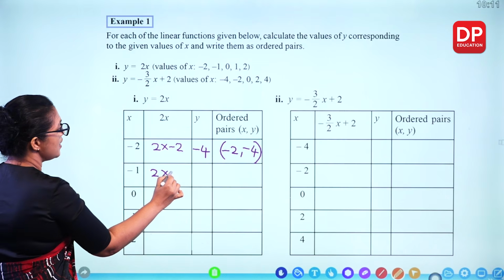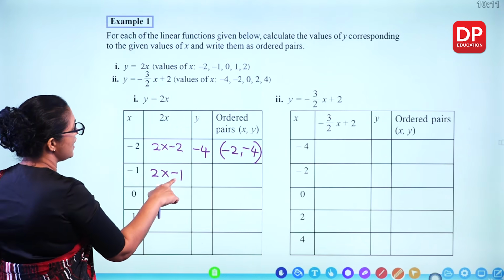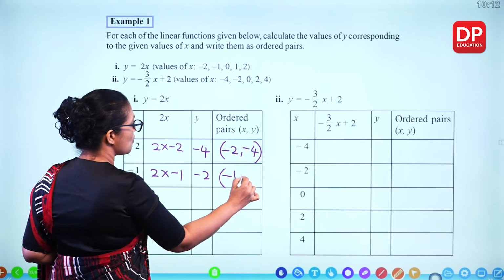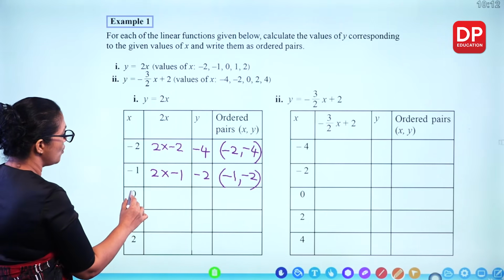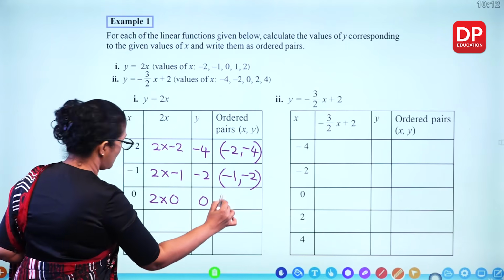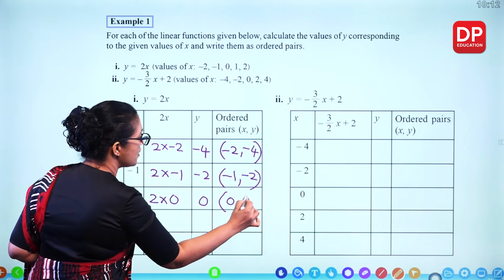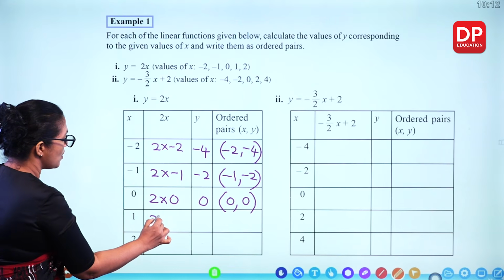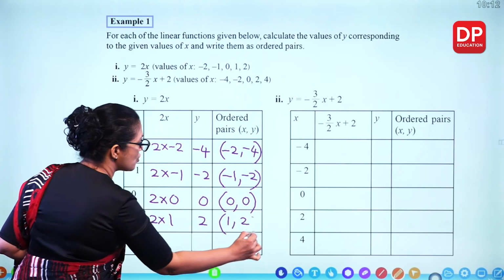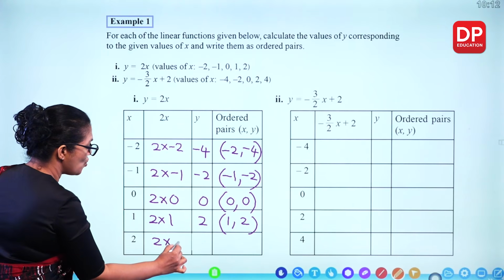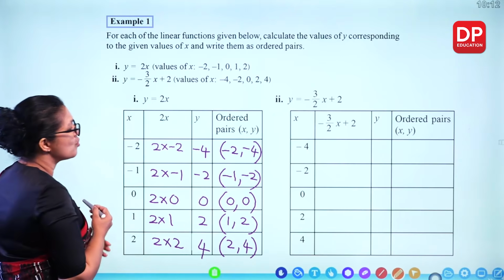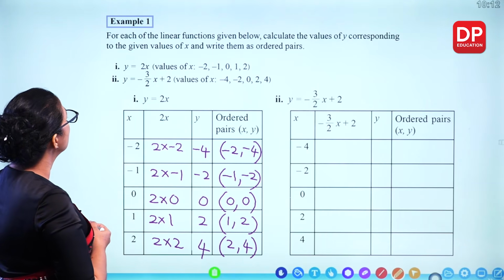When you get minus 1, substitute here, you get minus 2. The ordered pair is minus 1 and minus 2. When this is 0, 2 times 0, you get 0, 0, 0. When x equals 1, you get 2, 1, 2. When x equals 2, you get 4, 2, 4. So, those are the ordered pairs.